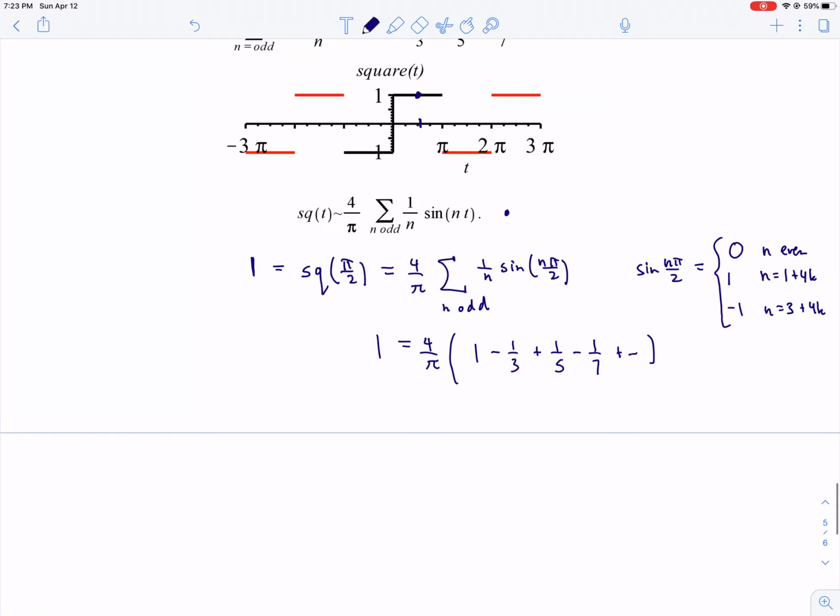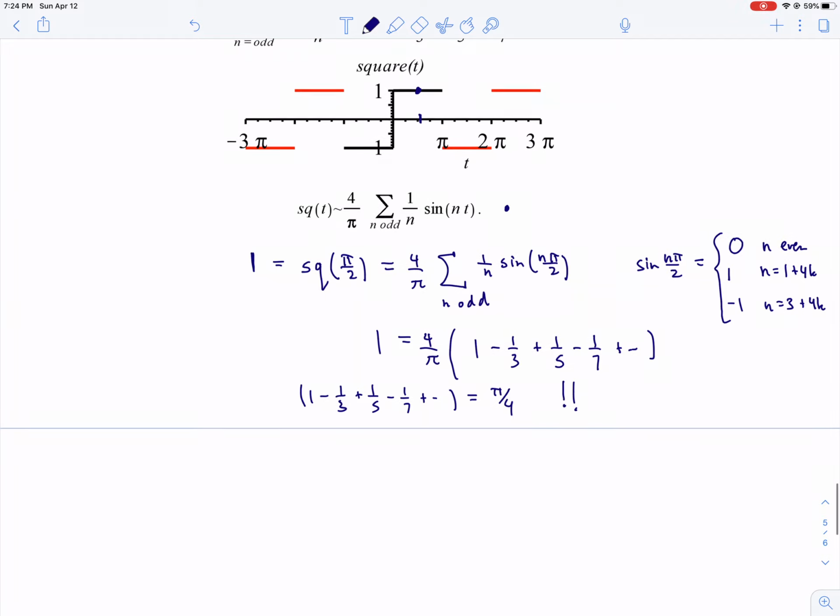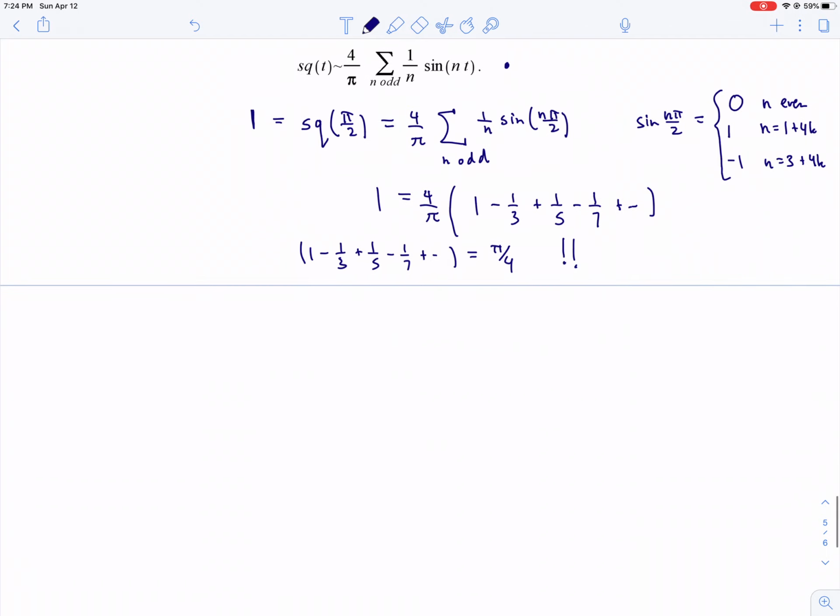So the alternating series, which converges because it's a decreasing term series, is pi over 4. It's like 0.75 or something. How's that for magic?